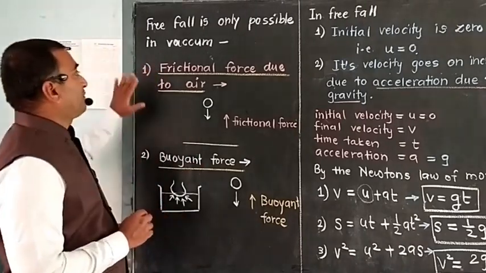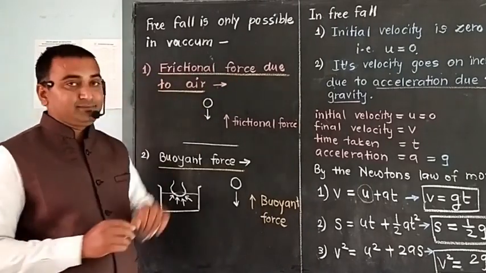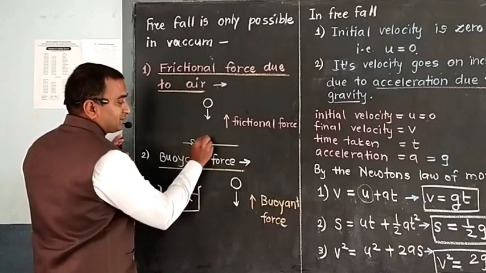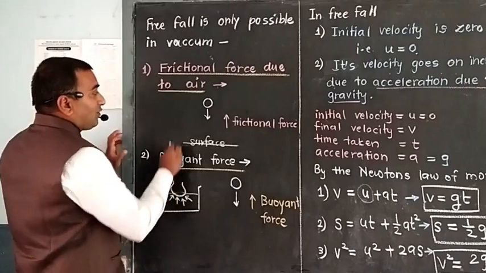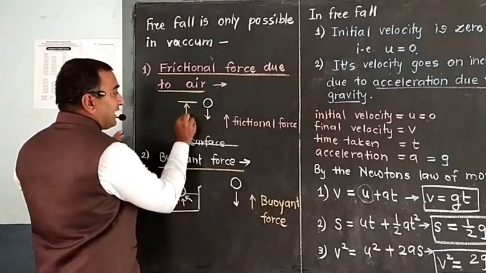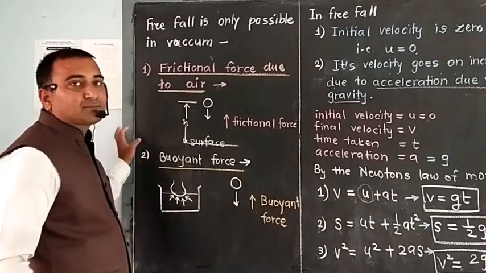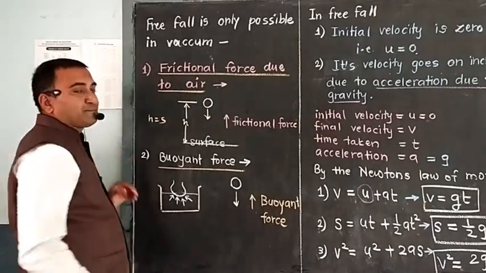The first problem is frictional force due to air. See, this is the surface of a planet, consider it as Earth, and the object is at height h, definitely it will travel the distance s, that is h. So here height is equal to displacement.